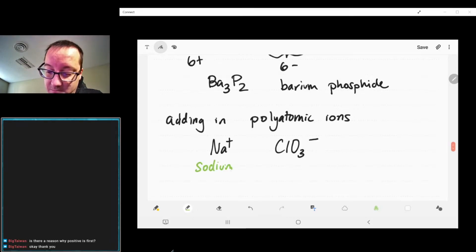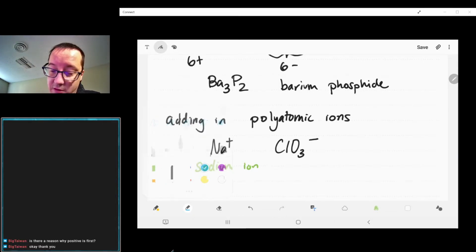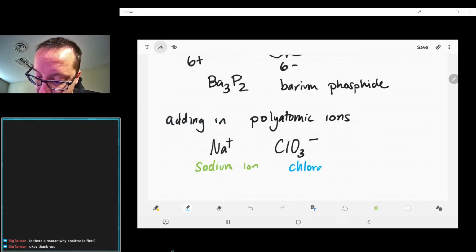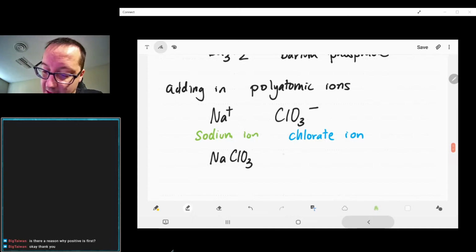Of course, we know that's sodium, the sodium ion. If you were to look up on your polyatomic ion table, you'll see that this is the chlorate ion. And just like before, if we put those together, we're just going to put the names of them together as well, sodium chlorate.